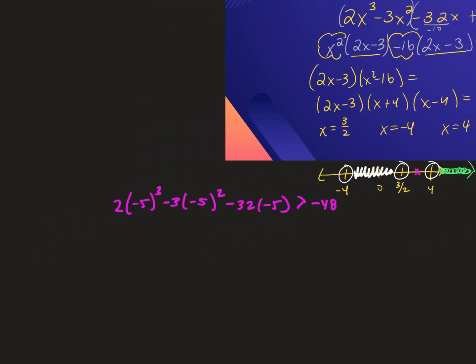Okay, so what is negative 5 to the third power? So I have 2 times negative 125. This becomes 25, right? Times what? So this becomes negative 75, correct? Is that what we had before?